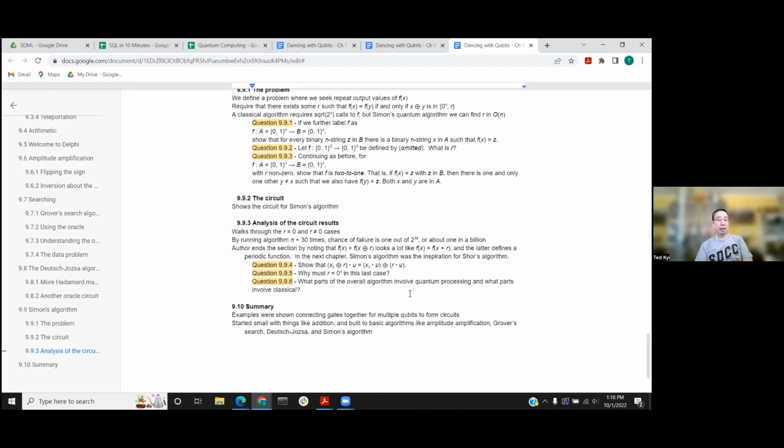And then Simon's algorithm takes this otherwise exponential problem of finding repeats, in this specific formulation, from exponential to linear time. And the tease is that Shor's factorization algorithm is also going to do something similar. So we're not done yet.